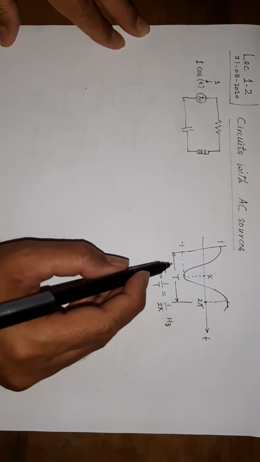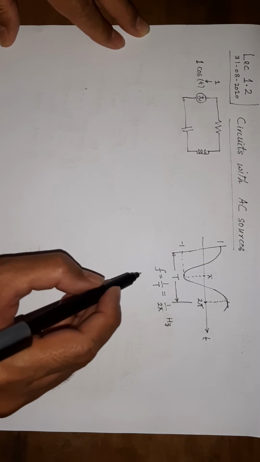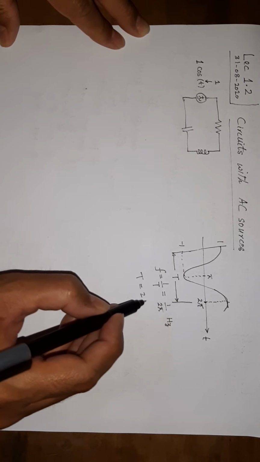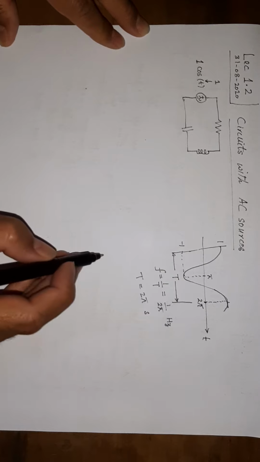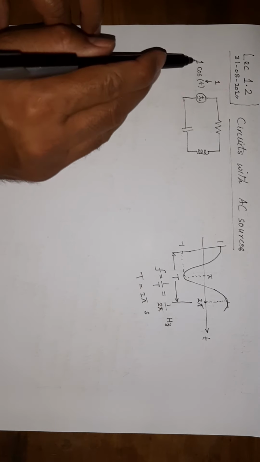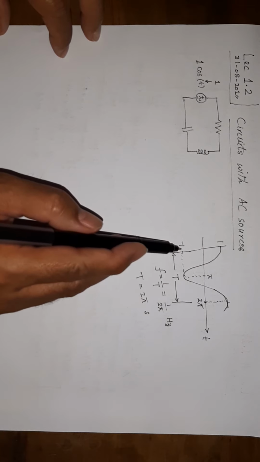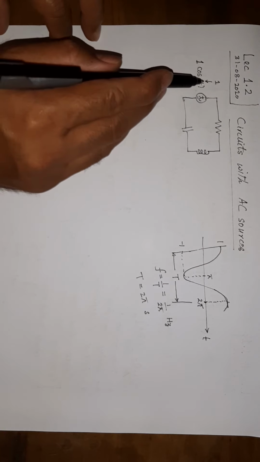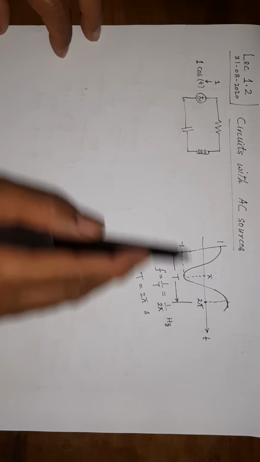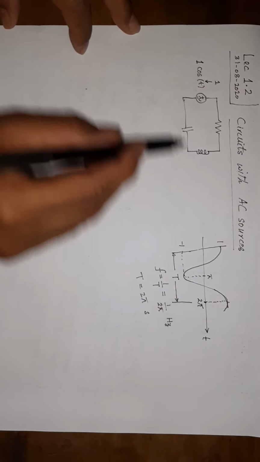And the time period is in units of time, which in this case is 2 pi seconds. So when we have 1 here, the signal oscillates between 1 and minus 1. When we have a 1 here, its time period is 2 pi. So let us stick with that and move on.